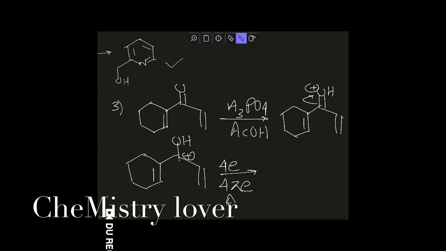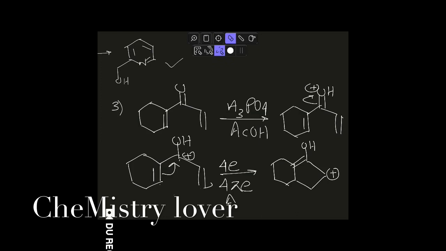So a conrotatory ring closing like this, if we want to show by arrow, actually for a pericyclic reaction we shouldn't show arrows, but if we show with arrows we will have this ring closing thing. Here you have the positive charge like this, or actually the direction should be reversed.